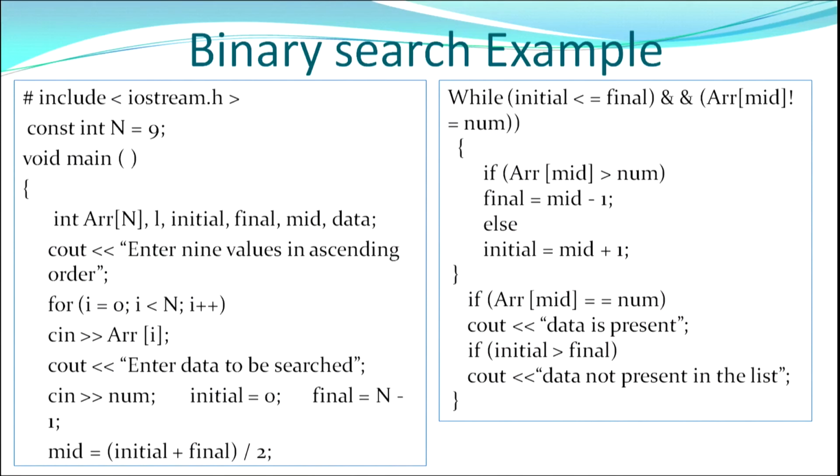In this program also, I compare if the middle value is equal to num, then data is present. If the middle value does not compare to num and initial becomes greater than final, because every time initial is incremented by 1 and final is decremented by 1 with every loop, then data is not present in the list.